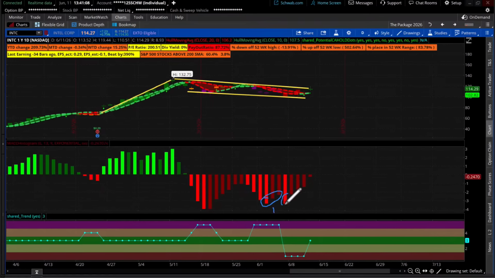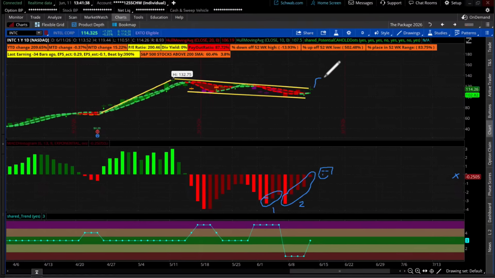Now we've had another second wave where the MACD has almost gone green. So there have been some signs that maybe the selling pressure is not as bad. And for example, we might even go above what we call the zero line and maybe go green. Now, we're not saying that if we put a little happy face in here, we're guaranteed to go up. You can draw whatever you want. It doesn't mean it's going to happen.